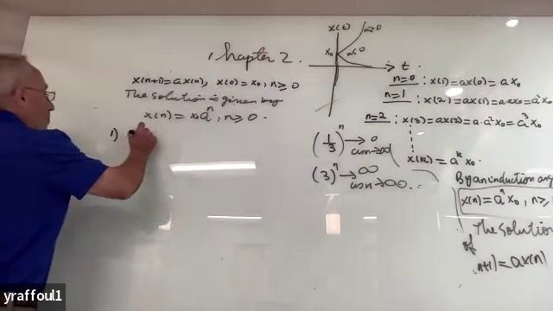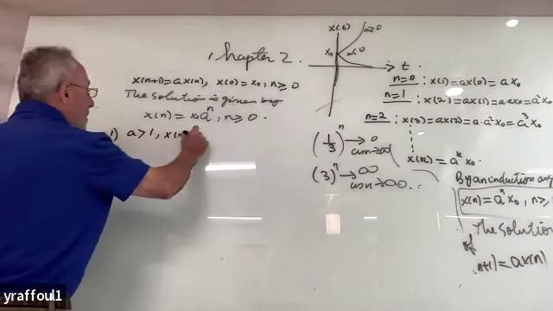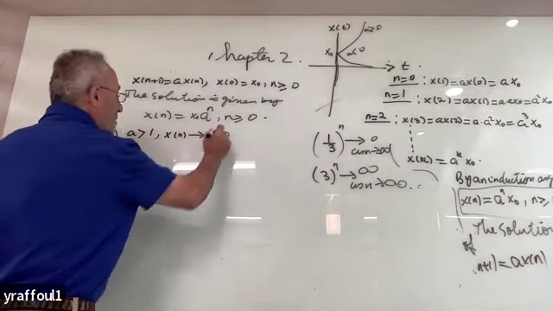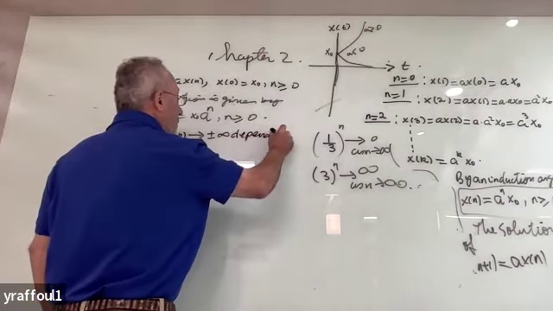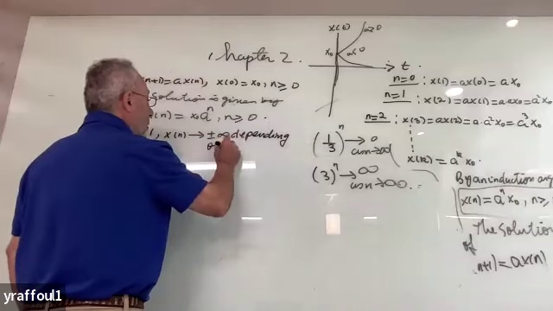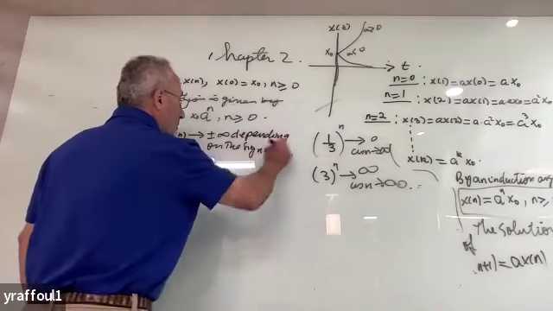So if a is bigger than 1, then x_n either goes to plus or minus infinity, depending on the sign of x naught.